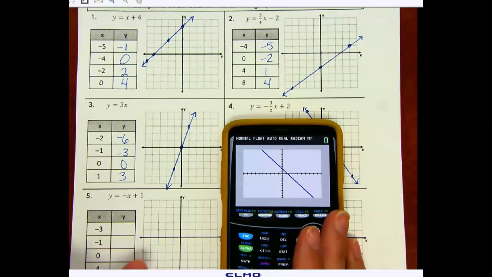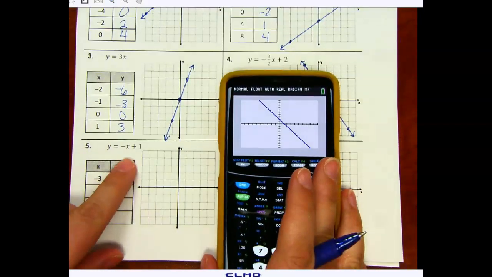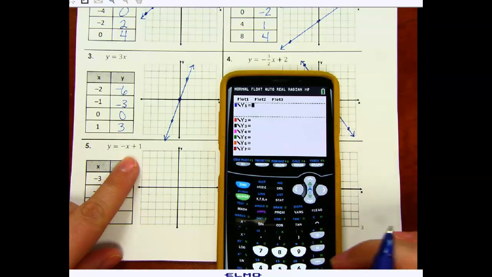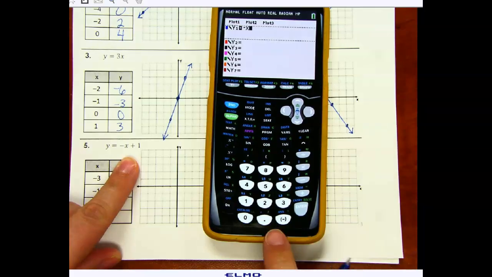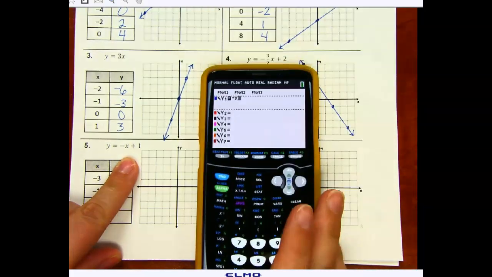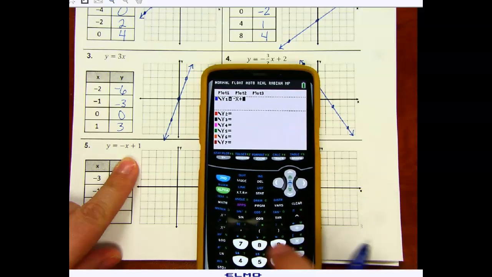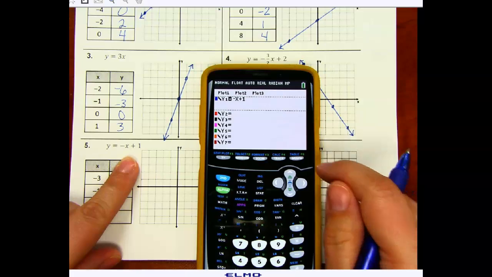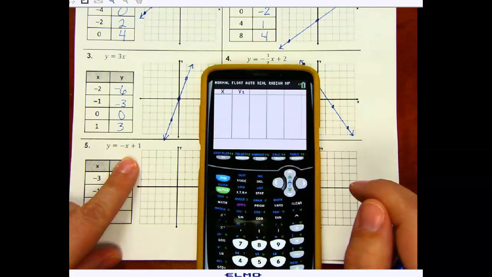All right, the next one, negative x plus 1. So we're going to go y equals, clear, negative x. Make sure you use the negative that's at the bottom, not the minus. And then plus 1. And so then you're going to hit second graph to look at the table.